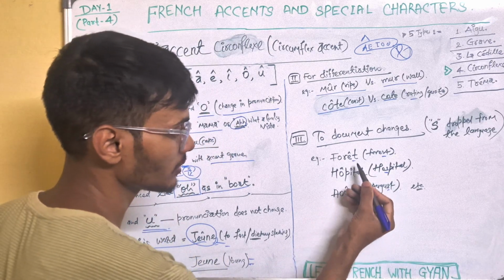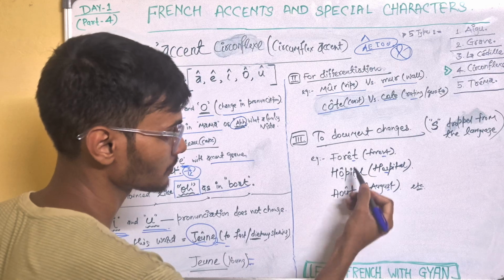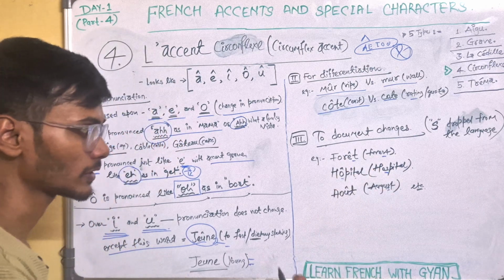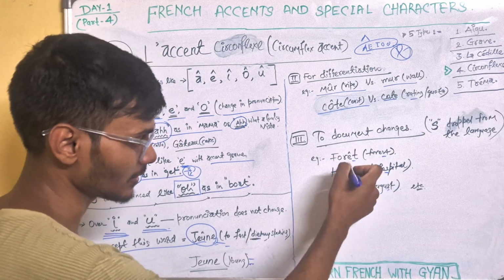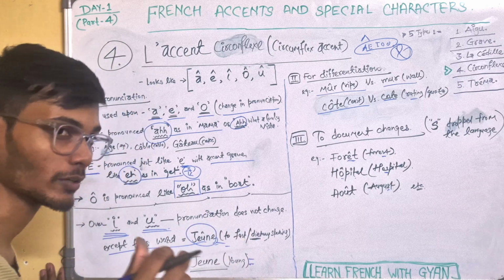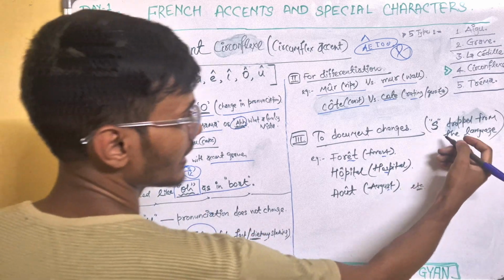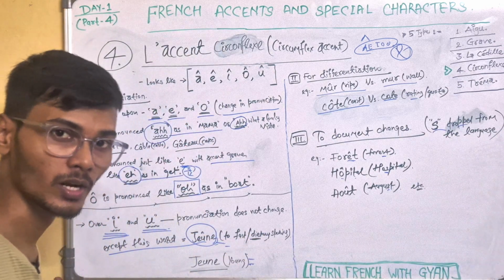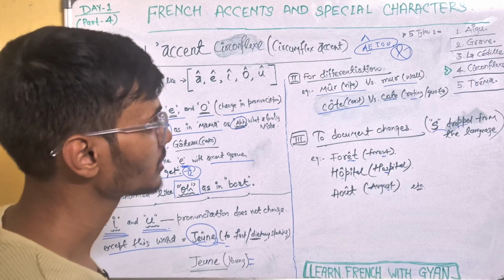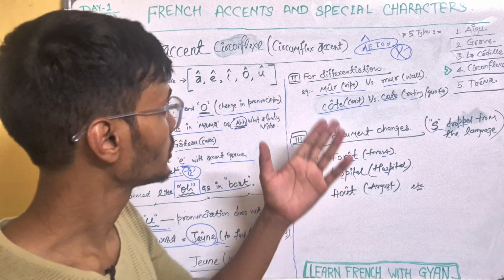Here the s has been removed, and we have added this extra accent, the circumflex, upon o or other vowels to indicate that the s has been dropped from modern French. So this is the circumflex.